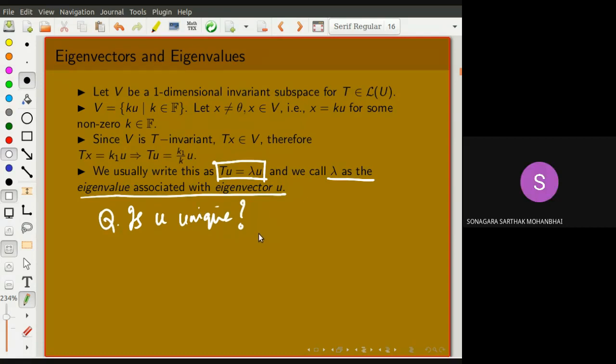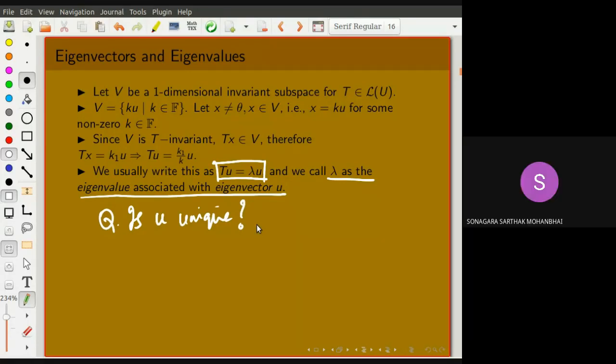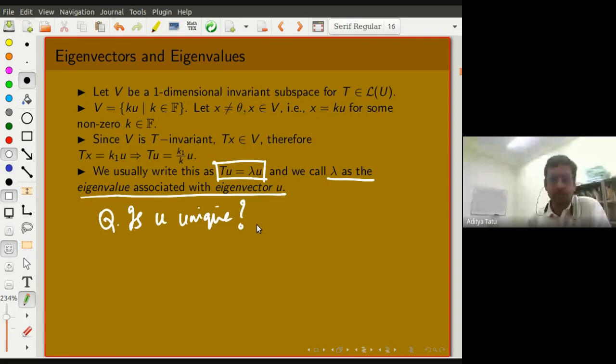Sir, here U is a vector of basis, or any vector from V. So for a one-dimensional subspace, what can a basis be? Yes, any vector apart from theta. Exactly. So Sarthak, you've already answered my main question, right? Since the basis U is not unique, any non-zero vector of this subspace V can be a basis. So there is nothing unique about this U.